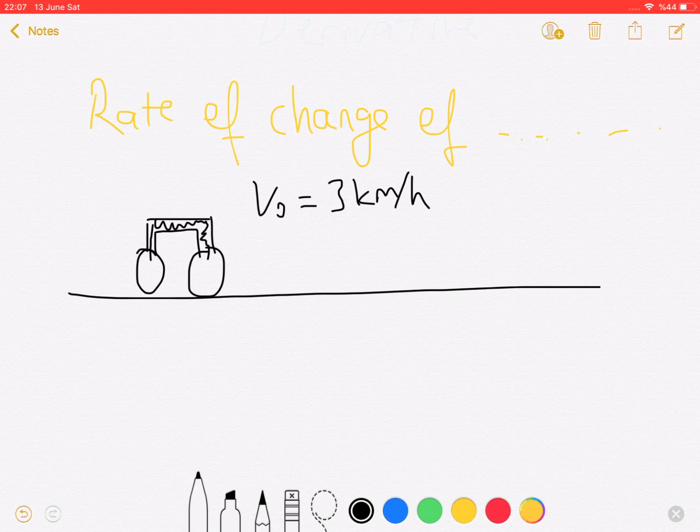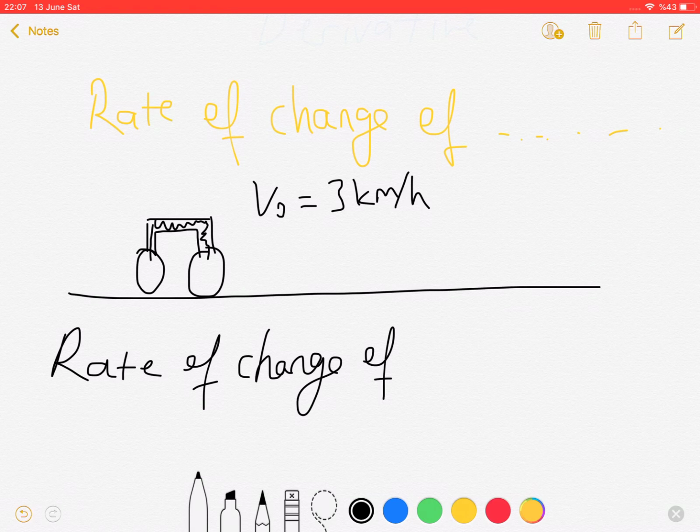And my velocity is changing in time. As you know, most of the time on TV, you would hear the rate of change of velocity is 1 kilometer per hour.